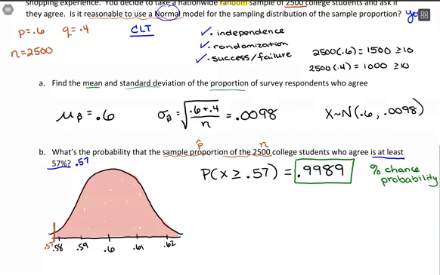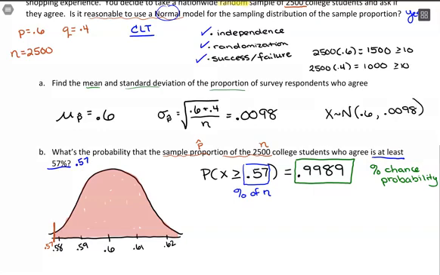This 0.57 is referring to the percentage of the college students. That's the percentage of our sample size. We're saying at least 57% of the 2,500 college students agree or say that they enjoyed their online shopping experience. So that's where we have these different percentages, and it's important to keep them clear. Probabilities coming through on that right-hand side of the equation in GeoGebra.